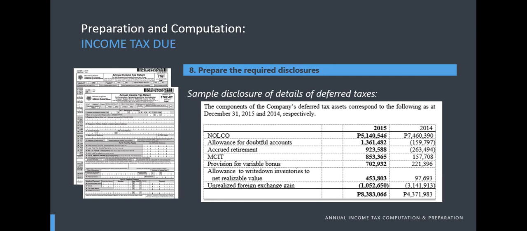So we need to indicate the balances at the end of the year for the deferred tax assets or liabilities. We need to break down the specifics: how much is for the NOLCO, how much is for the other expenses such as allowances, accruals, MCIT, provisions, etc.